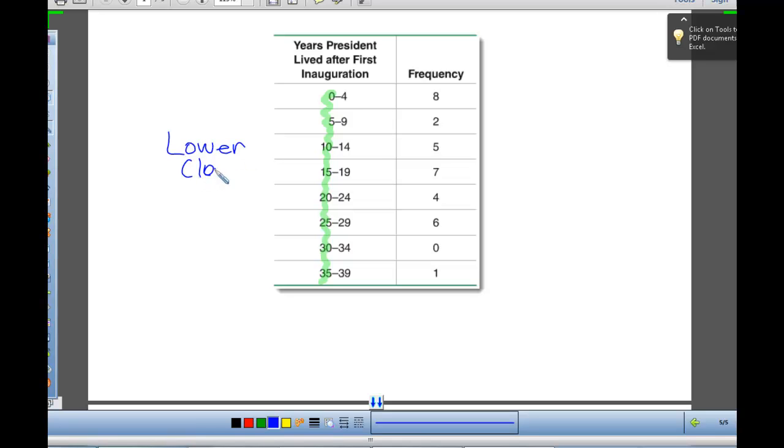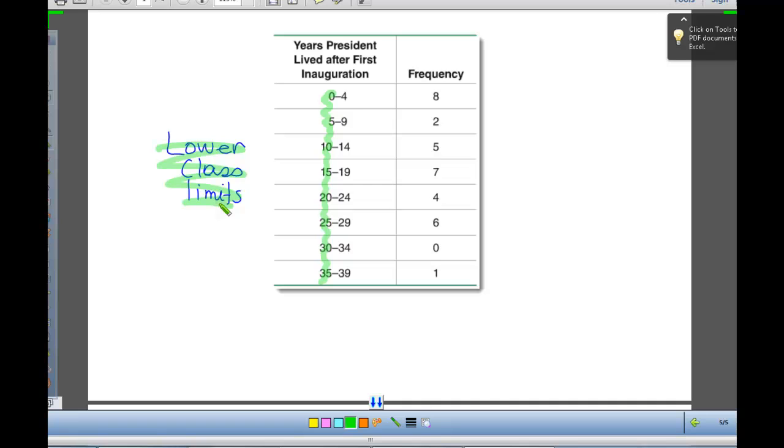Notice here in our frequency distribution that these classes are non-overlapping. A data value should belong to exactly one class. So my lower class limits are 0, 5, 10, 15, and so forth. The smallest value that can belong to this class is 15.